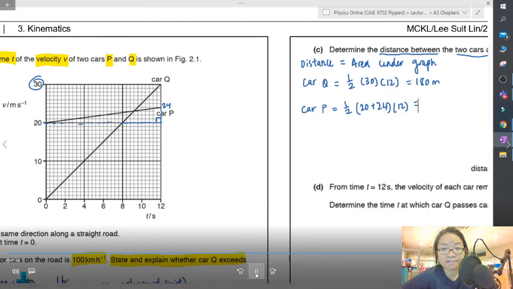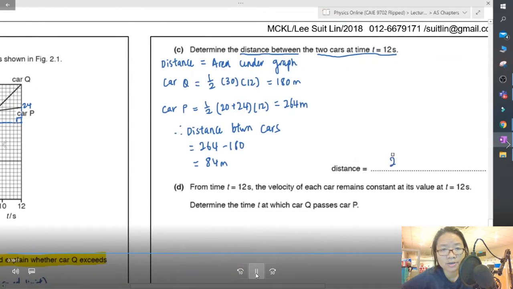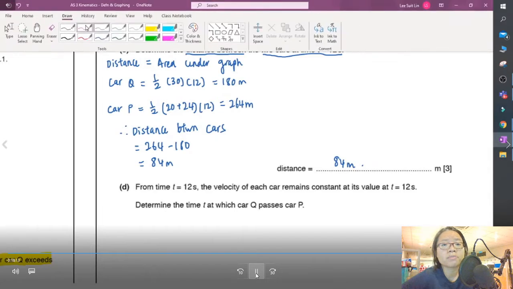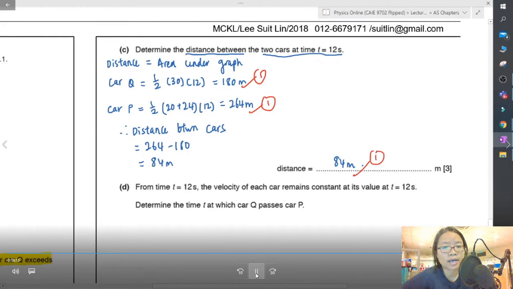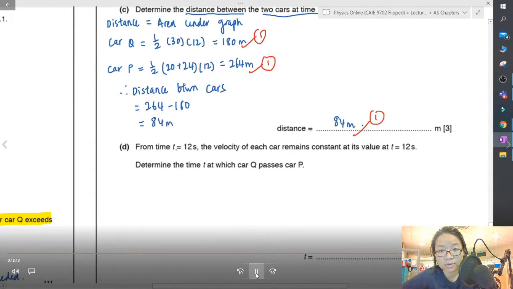And that would give me 264 meters. So the distance between the cars will be 264 minus 180. They say distance, so the direction doesn't matter, 84. But from here, you can actually tell that car P is in front of car Q, okay?